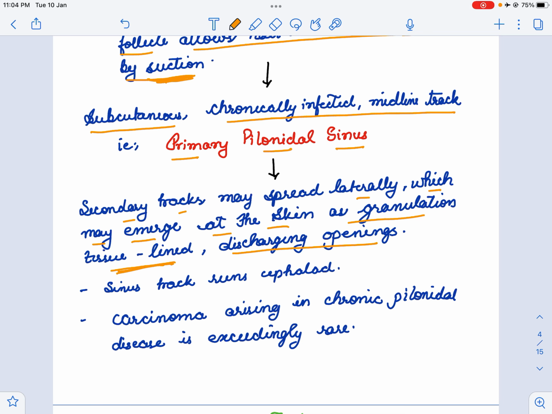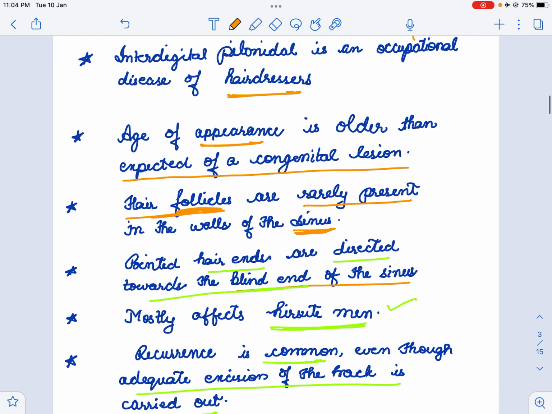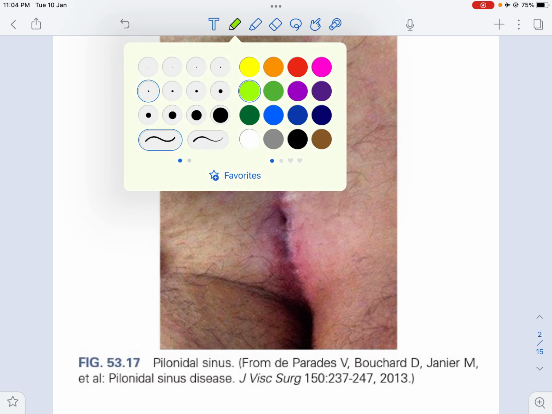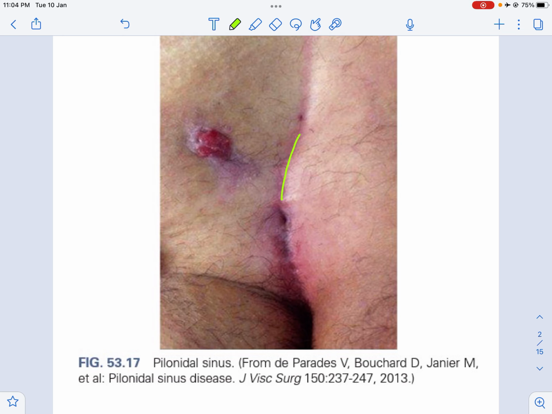lined discharging openings. So, let us look at this diagram again. This is the primary tract that we were talking about earlier. Let me use a brighter color. This is the primary tract. And secondary tracts spread laterally. They emerge in the skin as granulation tissue lined openings.